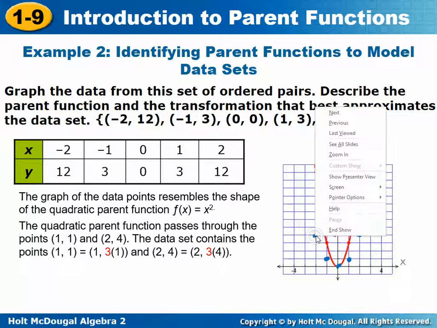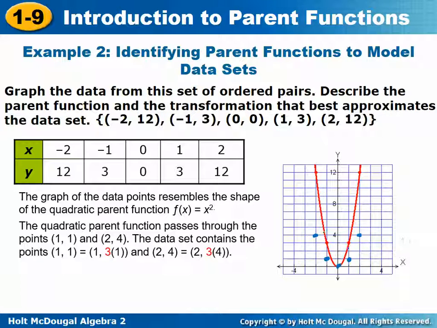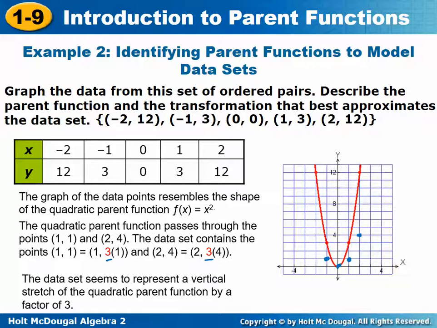So these blue dots are the parent function's coordinates. You can see that this has been stretched vertically, and they figured out that it was stretched by a factor of 3. All of the y coordinates were multiplied by 3. So it seems to represent a vertical stretch by a factor of 3.